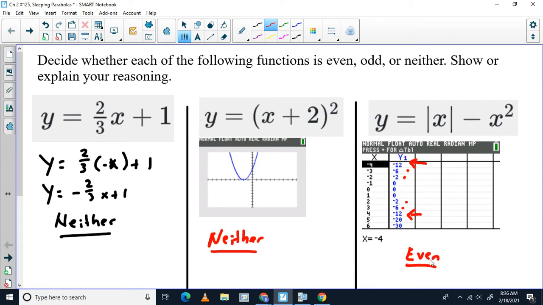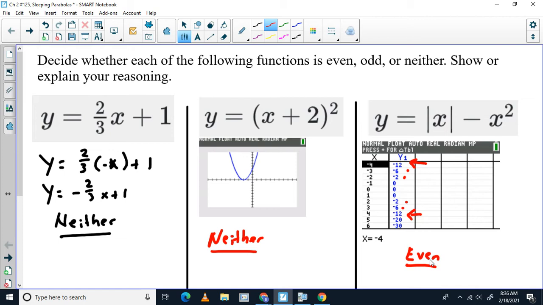Had I got a situation where, say, negative 4 was negative 12 and positive 4 was positive 12, and negative 3 was negative 6 and positive 3 was positive 6, well, that would have been an odd function because they would have had the opposite outputs. If I check negative 4 and it's negative 12, and I check positive 4 and it's like 27, well, that would tell me it's neither.